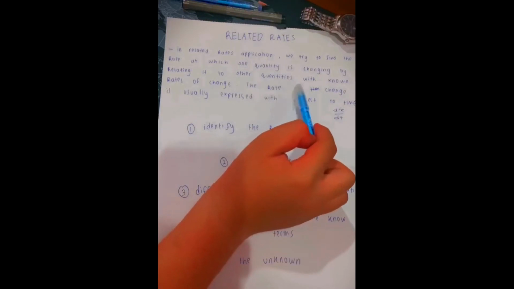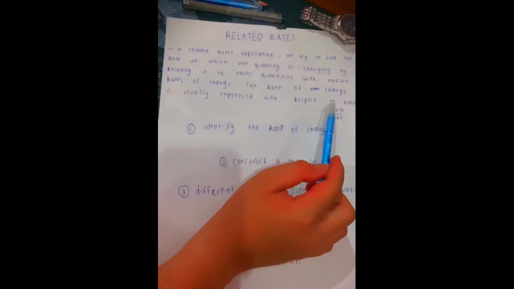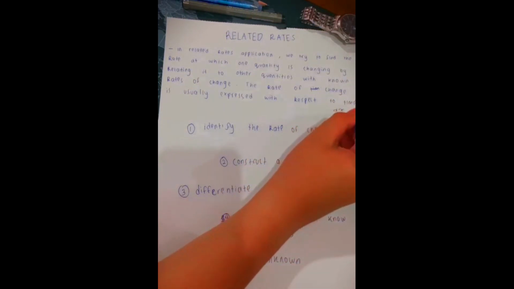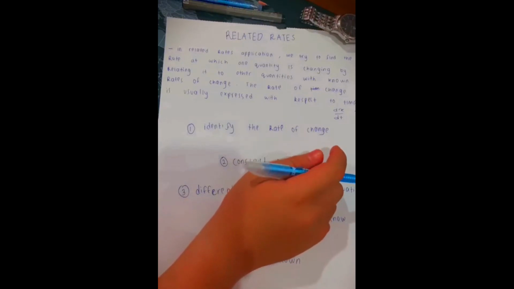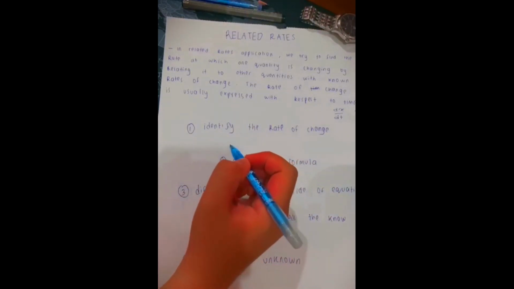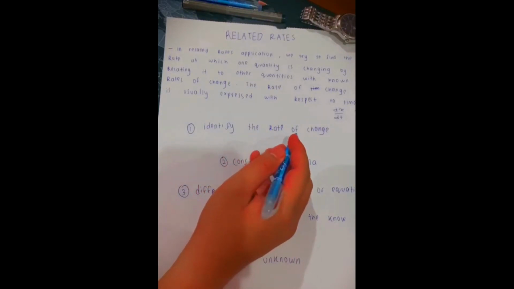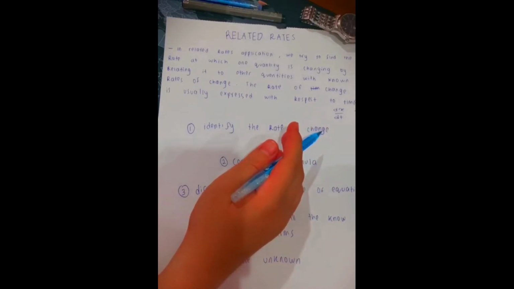The rate of change is usually expressed with respect to time, dx over dt. The procedure is: first, we need to identify the rates of change that are known and the rate of change that is to be found.